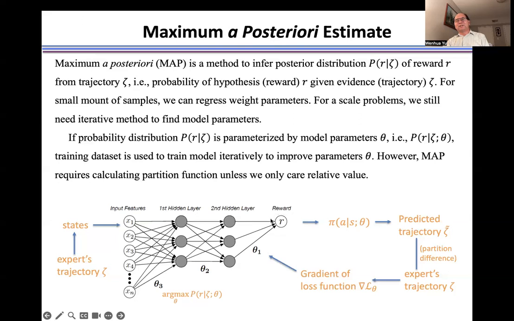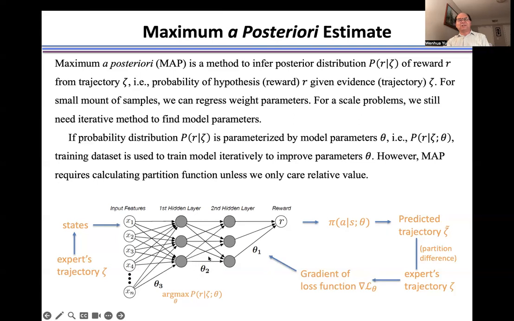However, we can use this reward function in reinforcement learning to find the policy pi. And then we use the policy pi to generate a trajectory, as a predicted trajectory. And then we compare it to the expert trajectory to find the gradient of the loss function. And then we use the gradient to update the model parameters. Then we go step by step until we reach the convergent model parameter theta.